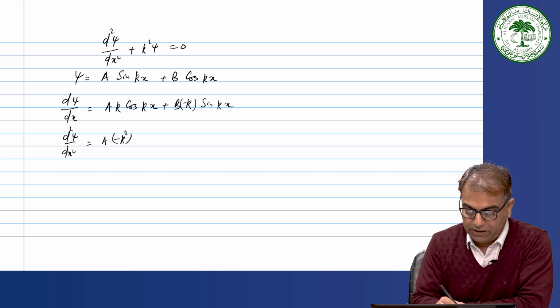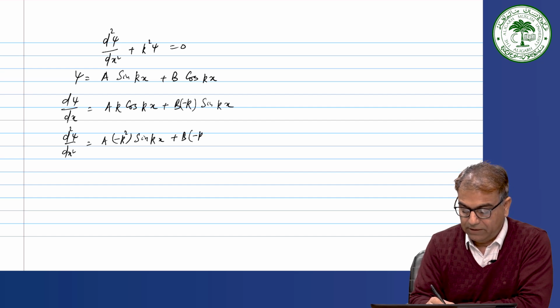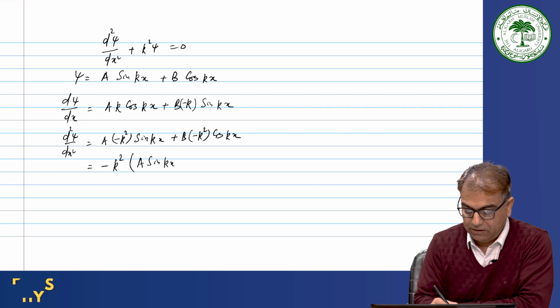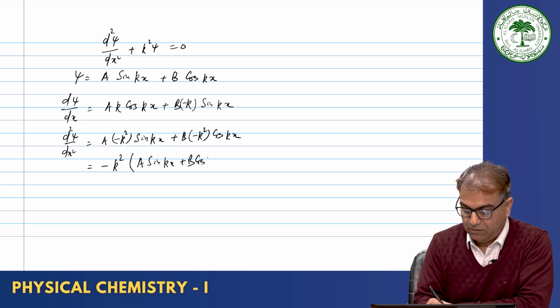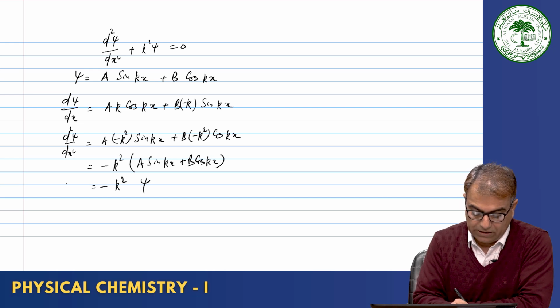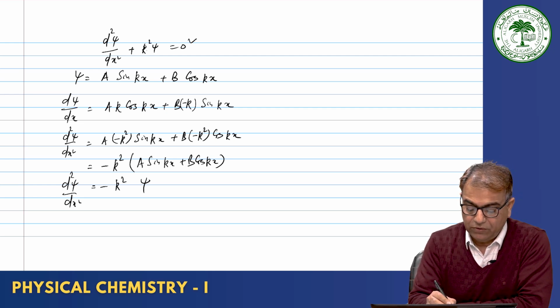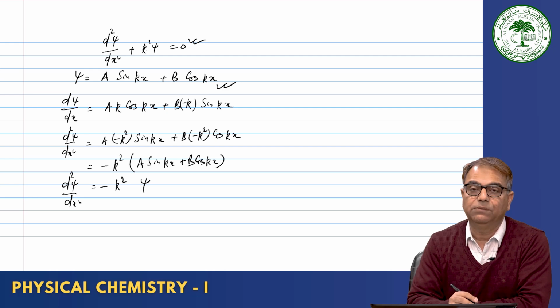So, minus k square sin kx, and then again k with a minus sign, so it will be minus k square cos kx. So, you can bring minus k square this side, and what you have? a sin kx plus b cos kx. So, you have k square psi.